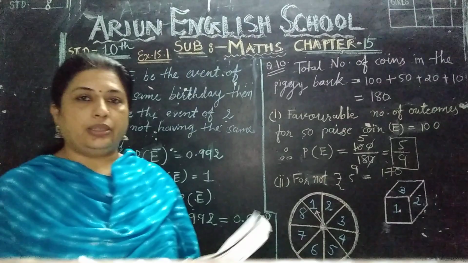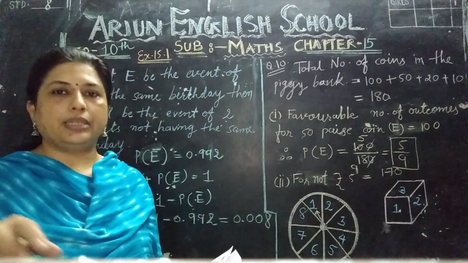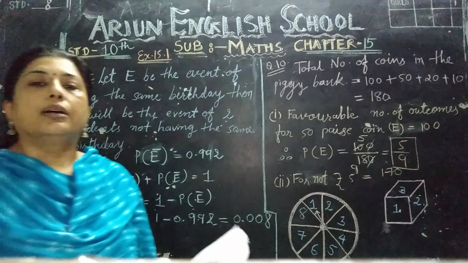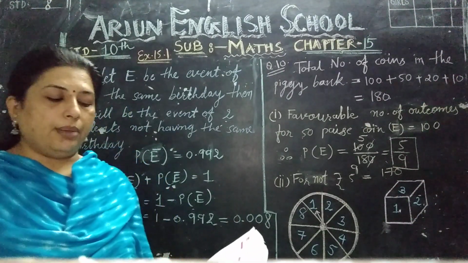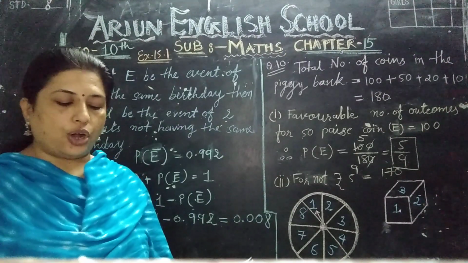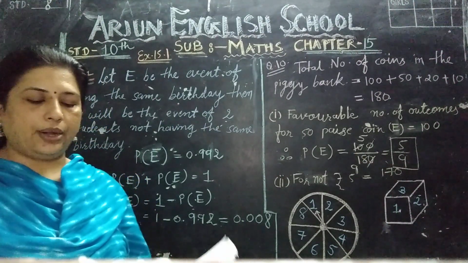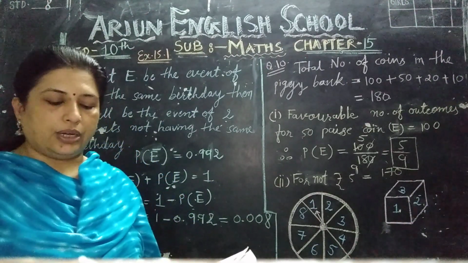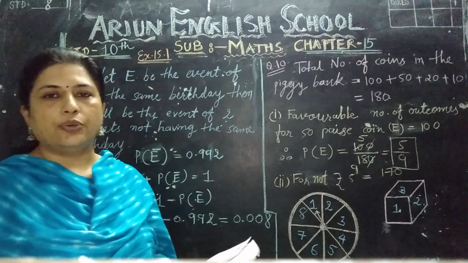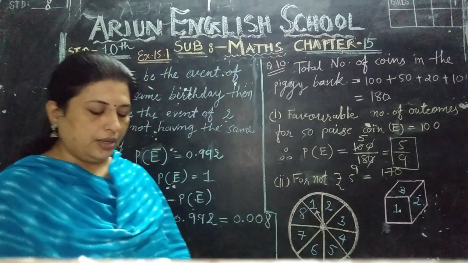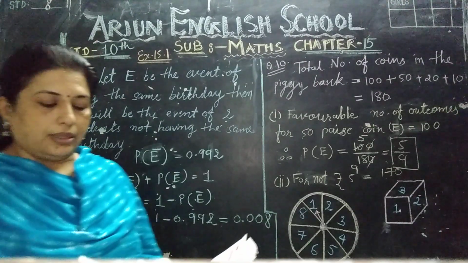Now 12th question. Along with this video, I will send you the photo of this exercise. 12th question. A game of chance consists of spinning an arrow which comes to rest pointing at one of the numbers 1, 2, 3, 4, 5, 6, 7 or 8 as I have drawn here.